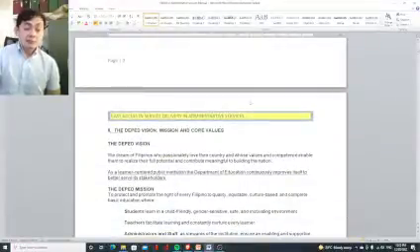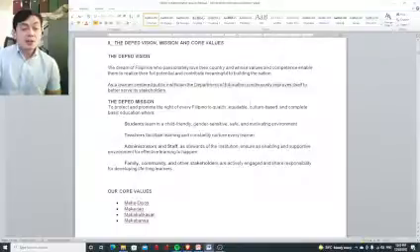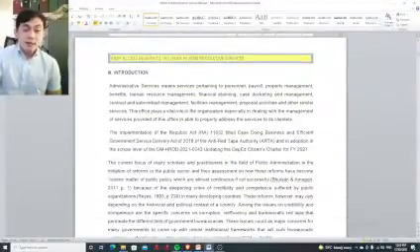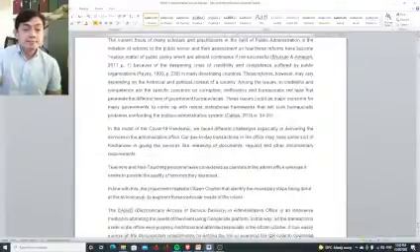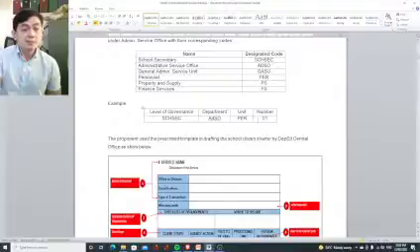Then of course I also wrote the DepEd vision, mission, and the core values of the department. Then the introduction, a short introduction, which is the basis of my innovation.